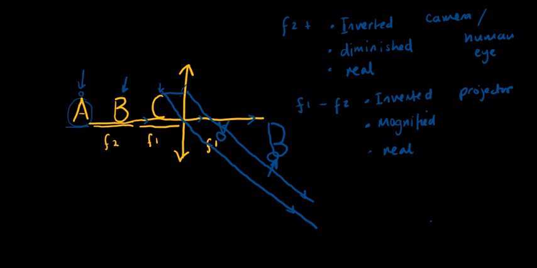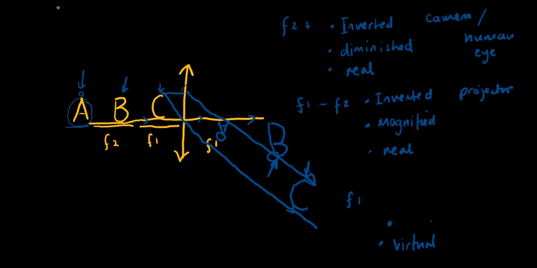So if they're not going to meet, the first thing we can say about this f1 situation is that it is going to be virtual. The next thing we can say is that this C here ends up being here. So we're going to end up with the top of the C in this location, coming down.